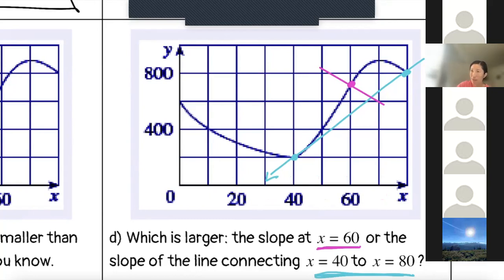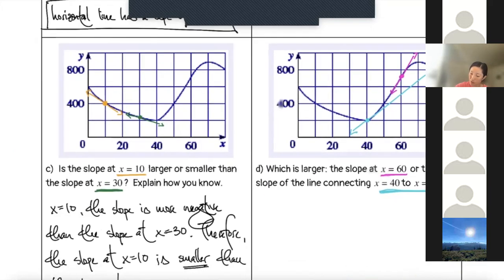All right. But when we think about drawing our tangent line, this would be wrong. It does cross or touch the curve at one place, but it doesn't follow the direction, right? We want our slope to be positive here. So I'm going to erase this pink line and draw a better pink line, which follows that curve a little bit better. Okay. And so I think from this picture, we can see that the pink line has a more positive slope.